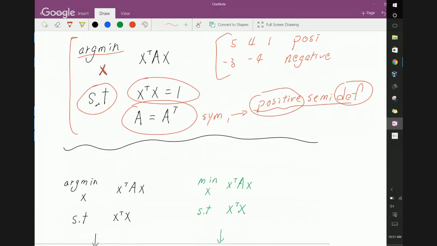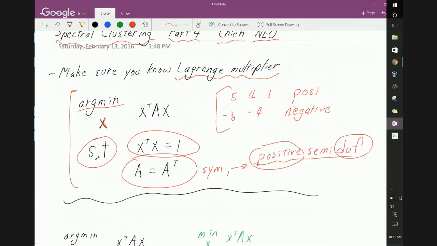So a positive definite matrix like A means that no matter what vector x you take, x transpose times A times x is always greater than 0. So that's what it means when a matrix is positive definite.